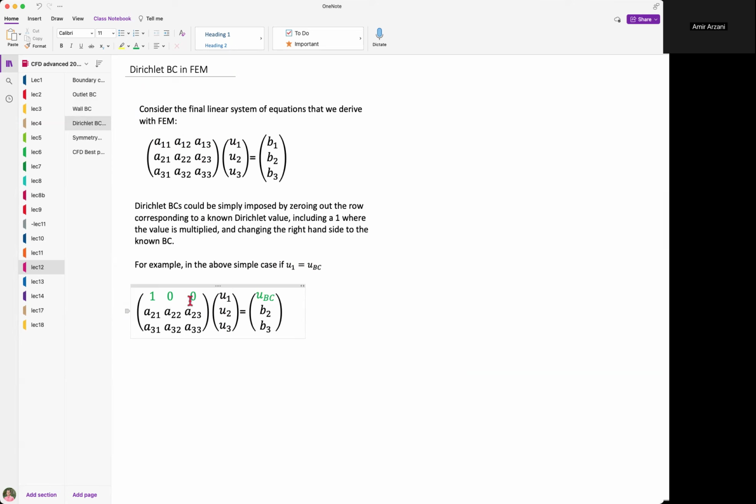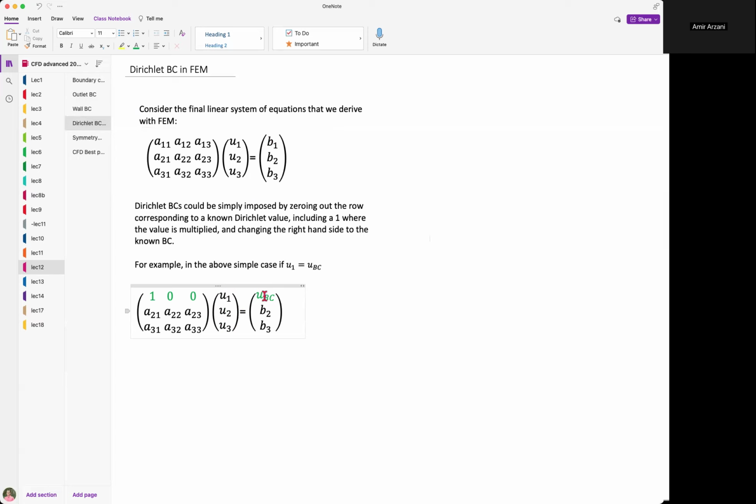So if you look at these two zeros here, when this gets multiplied by this column, U2 and U3 will be 0, and U1 will be multiplied by 1. So for the first equation, I'm just going to get U1 on the left-hand side, and on the right-hand side, I replace this B1 by UBC.